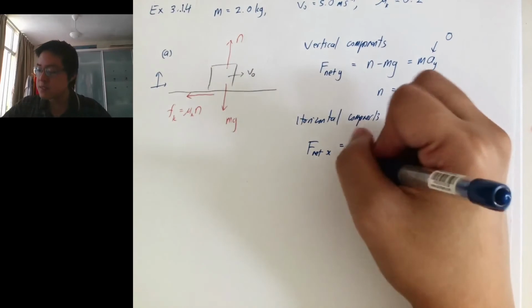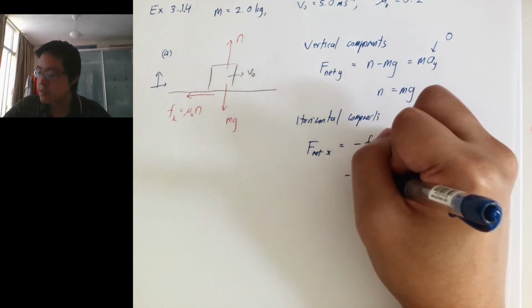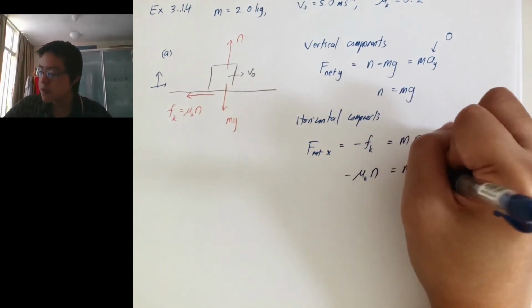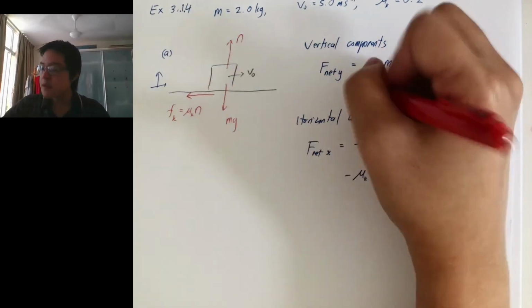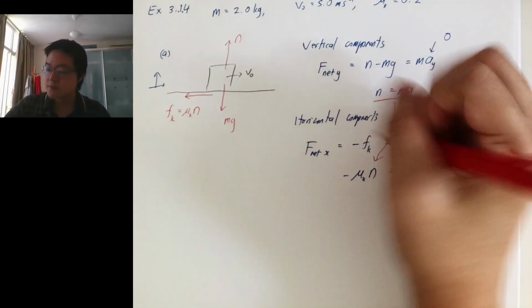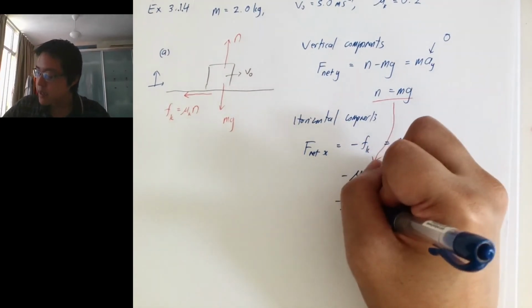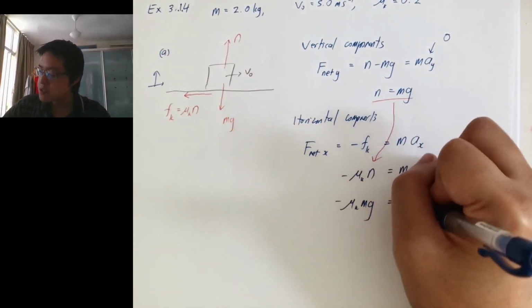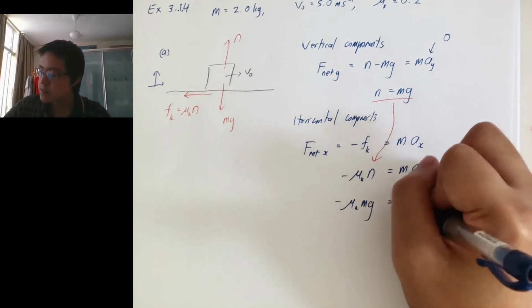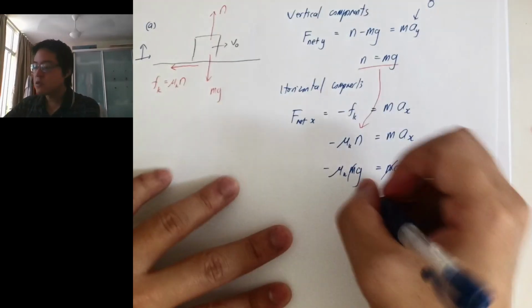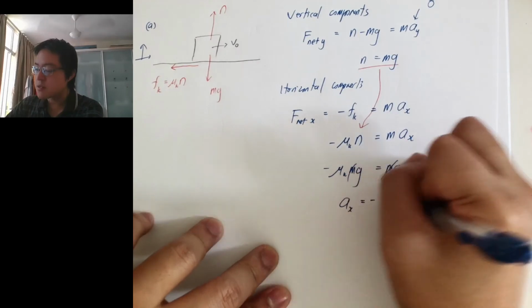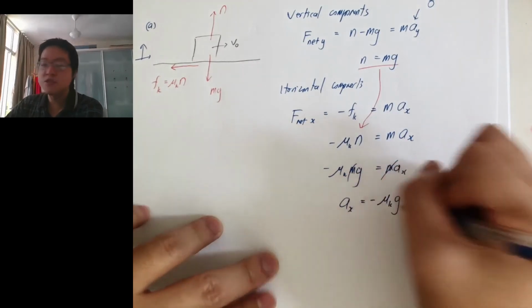This is basically just mu k times the normal force. Plugging in, I got minus mu k mg equals m a_x, cancelling the mass. So my acceleration in the horizontal direction is mu k times g.